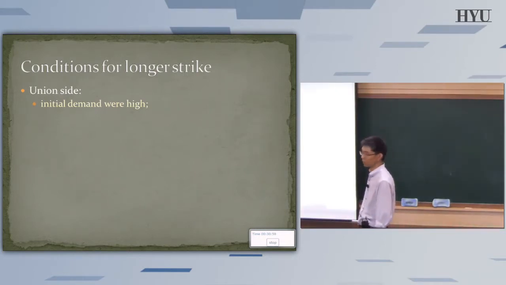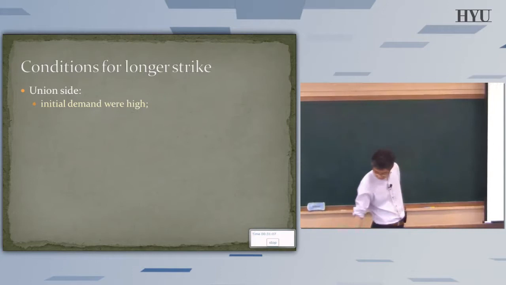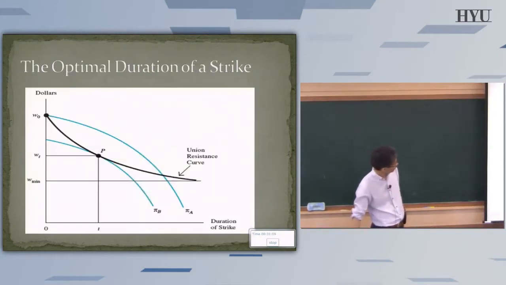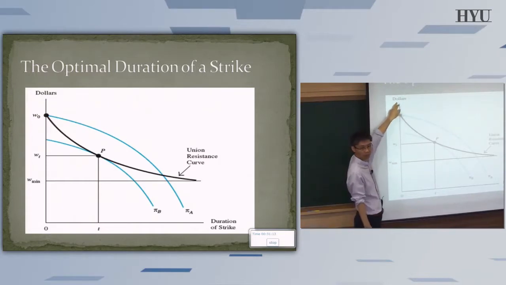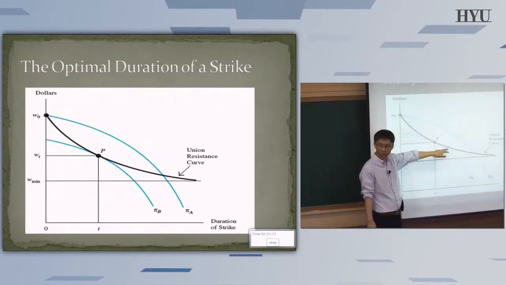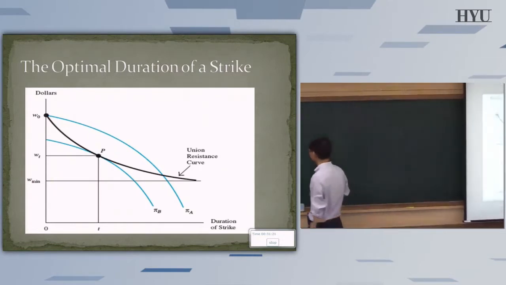One thing: if initial demands were high, that means the union resistance curve is on the higher side. Okay? So if the union resistance curve that starts from W0 starts at a much higher place, then as you can see, the duration of the strike is going to get longer.